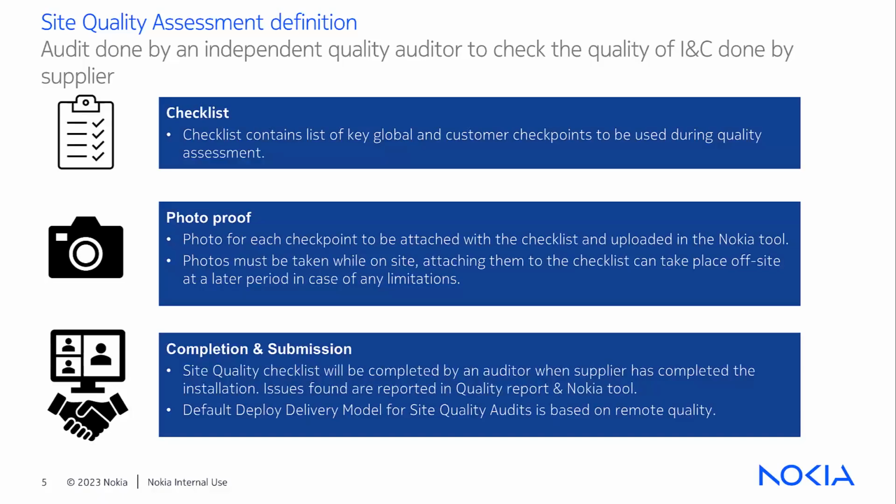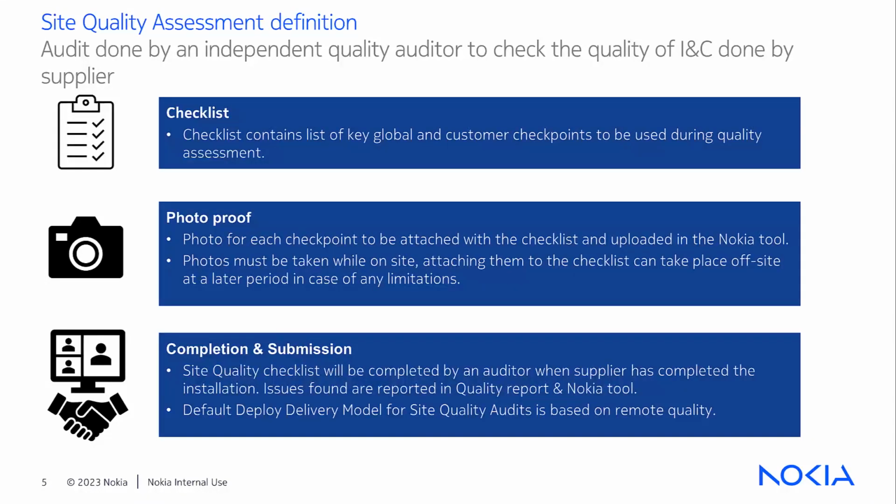To fully comprehend site quality assessment, you must first understand what is a quality checklist and how proof points are linked and when the assessment is declared complete. Checklist is a set of checkpoints defined to check deployed work on site. Each checkpoint is assigned a weightage based on severity of the defect.